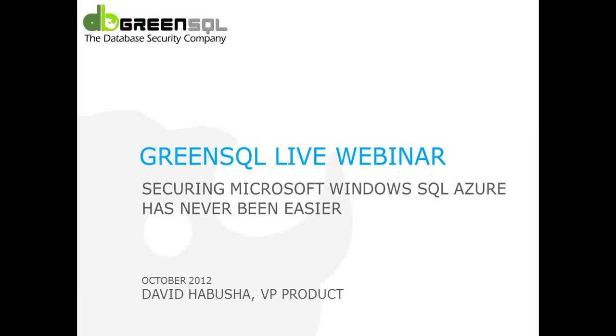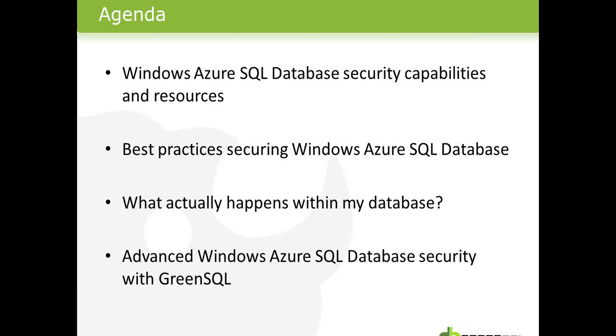And I would like to go ahead and start with the agenda. The agenda for today is to describe the Windows Azure SQL Database security capabilities and available resources provided by Microsoft. We're going to discuss in detail the best practices for securing a SQL database.